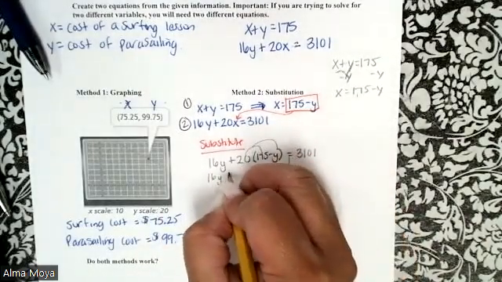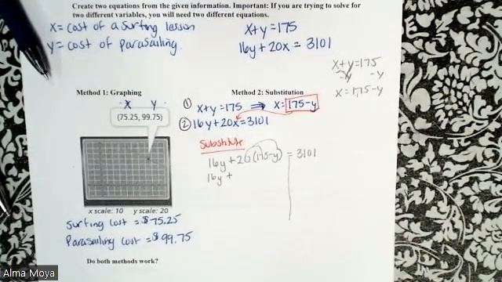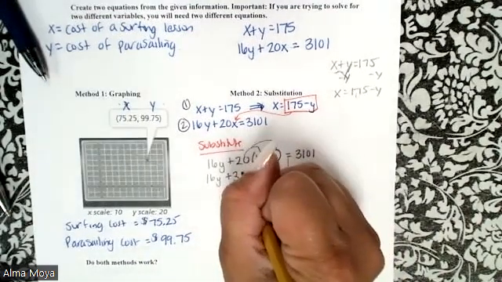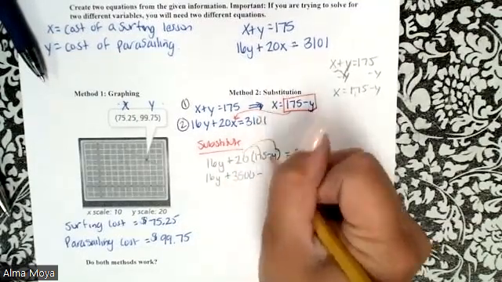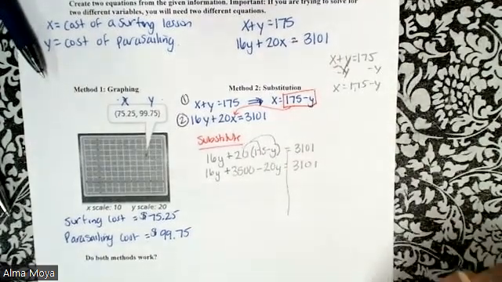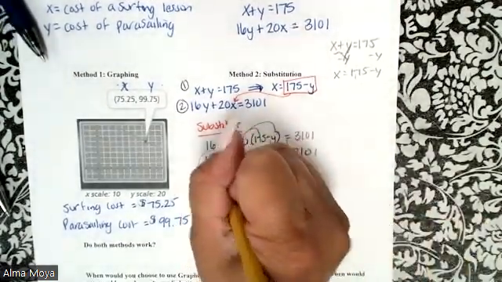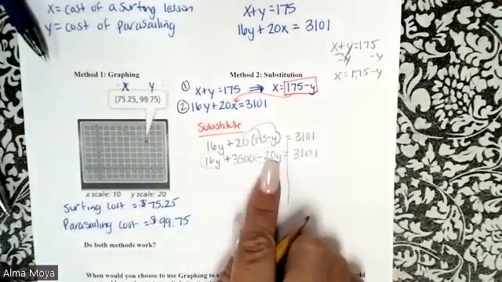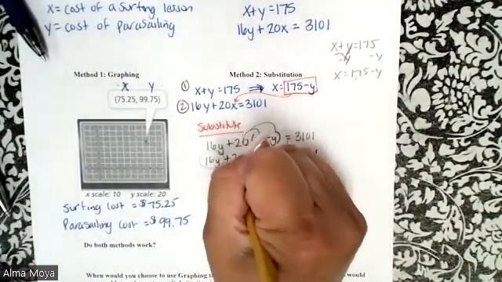So that's 16Y plus 20 times 175, which is 3,500, and then 20 times Y is going to be 20Y. I'm going to combine like terms. 16 minus 20 is going to be negative 4Y.